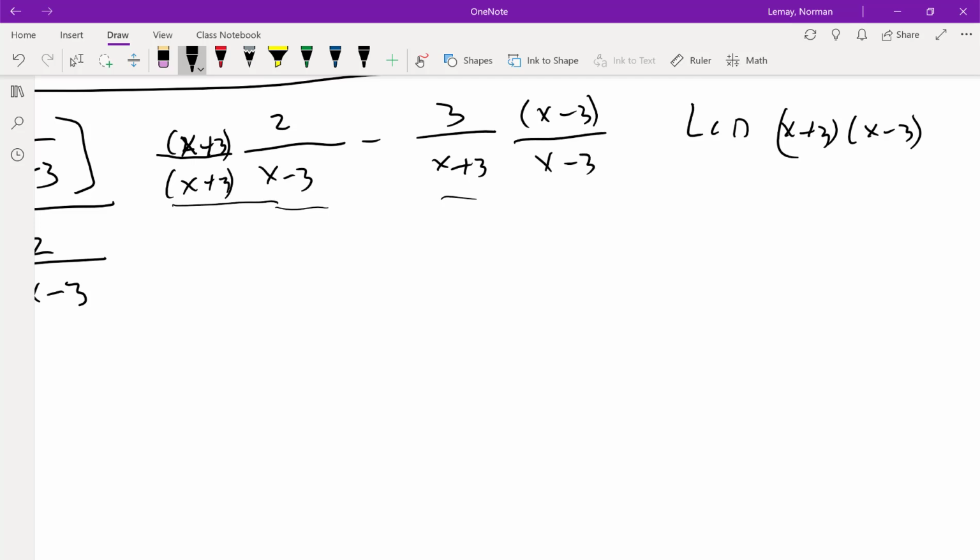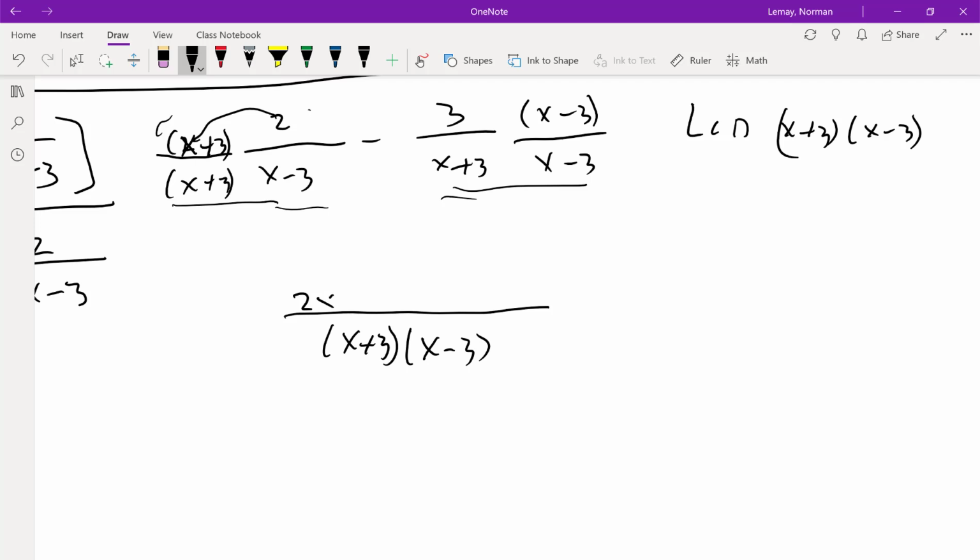So can we see that the top and the bottom, our common denominator here is x plus 3, x minus 3, and then over here, for this grouping here, we get 2x plus 6 minus, and then here we get 3x minus 9. I'm going to put those in brackets because of that minus.